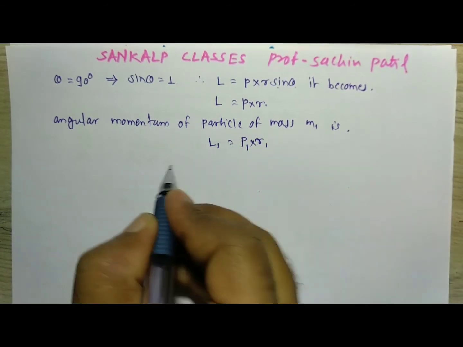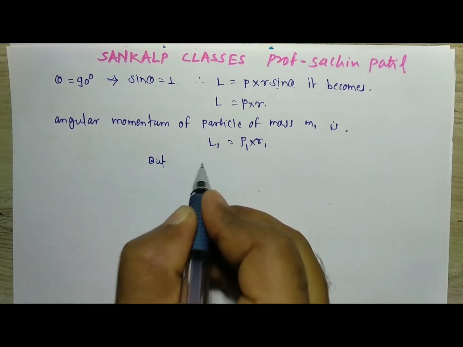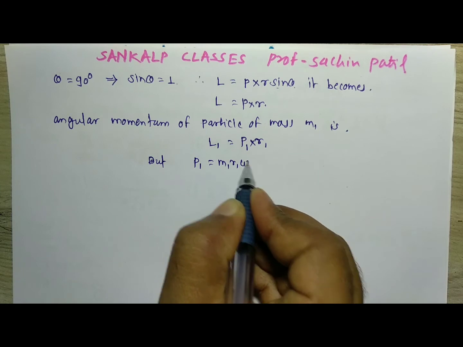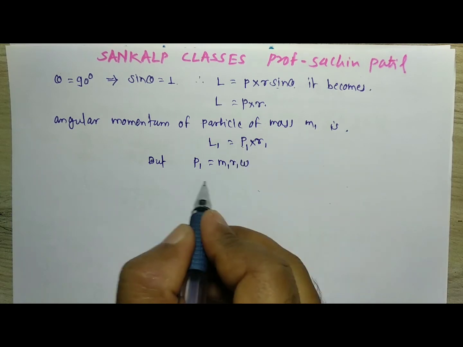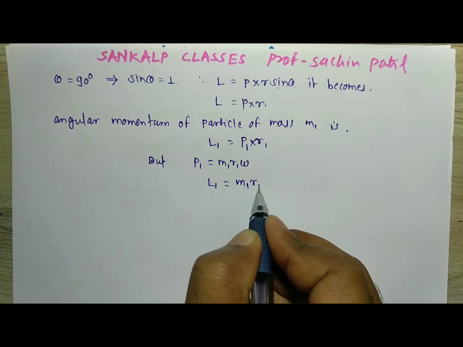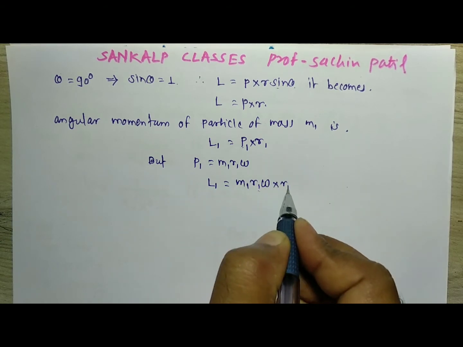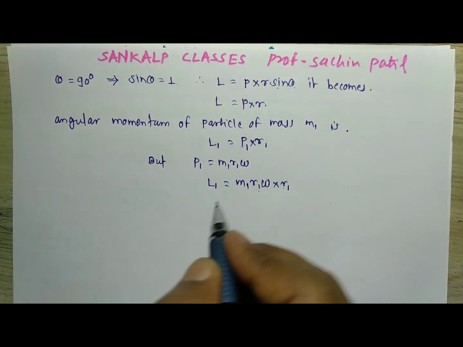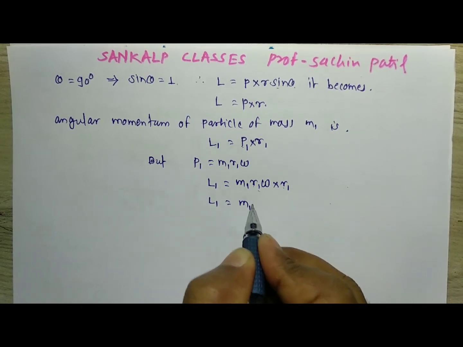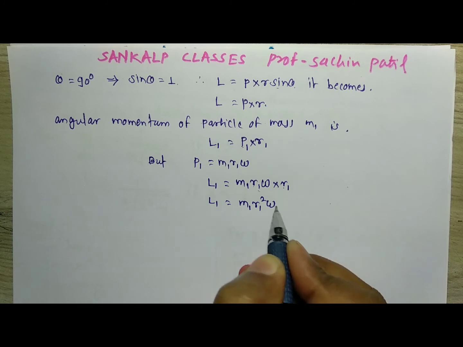But we know that P1 is equal to M1 R1 omega. Putting this value inside, you will get L1 is equal to M1 R1 omega into R1. R1 into R1 gives R1 square, and therefore L1 is equal to M1 R1 square omega.